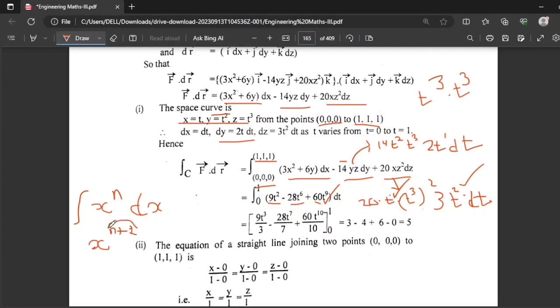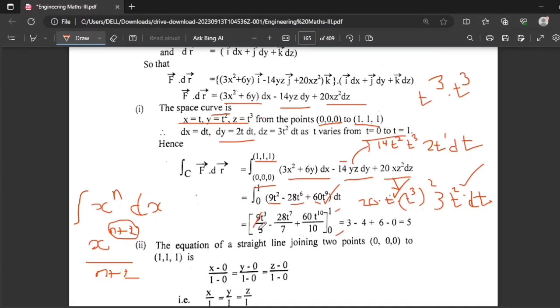So t², 2 plus 1 is 3, and that divided by 3, minus 28 times t, 6 plus 1 is 7, divided by that 7, and 60 as it is, and t, 9 plus 1 is 10, divided by that 10, and limit from 0 to 1.